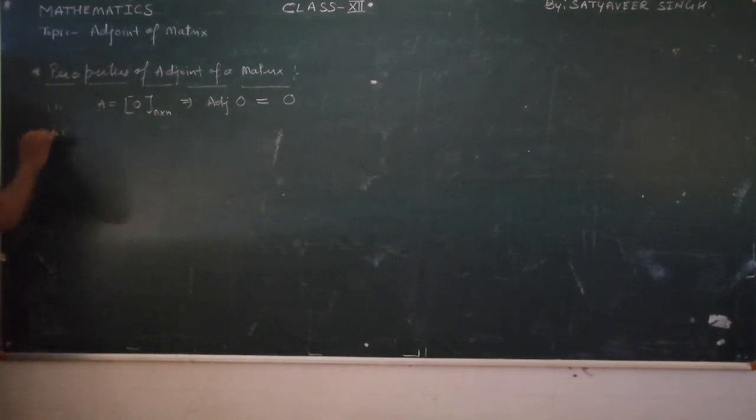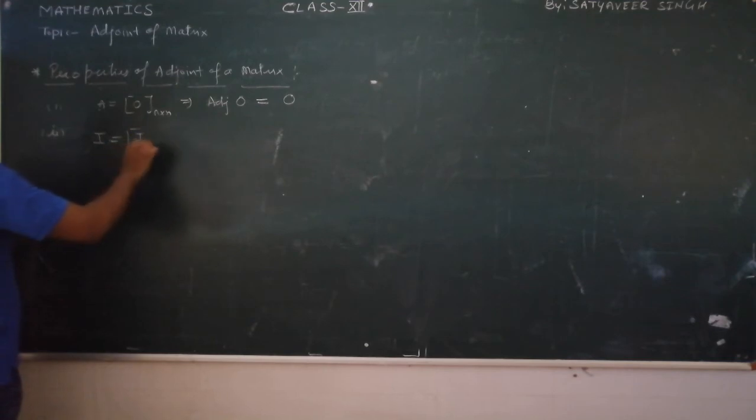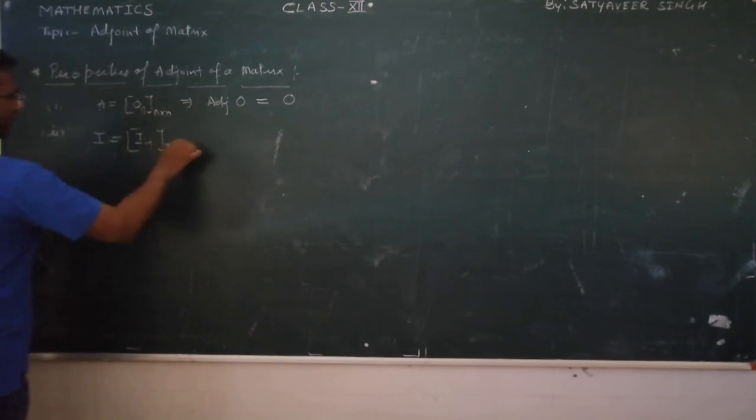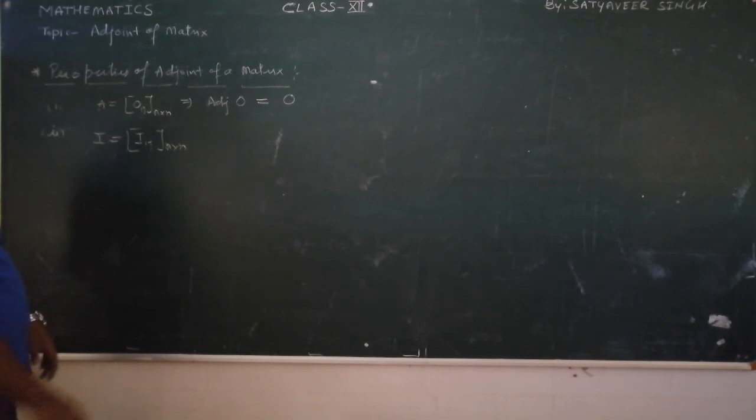At the same time, if we are having an identity matrix I, which is also of order n. It may be of order 2 by 2, of order 3 by 3.